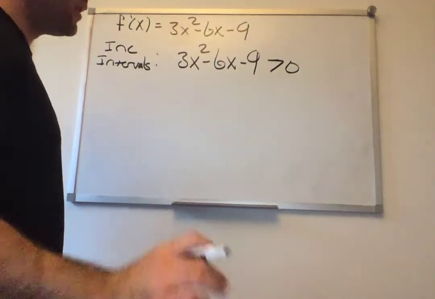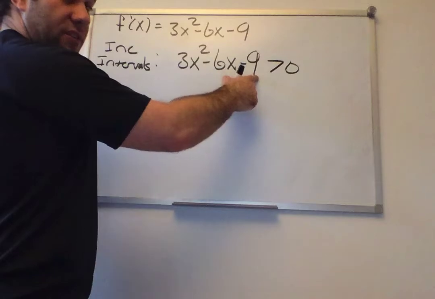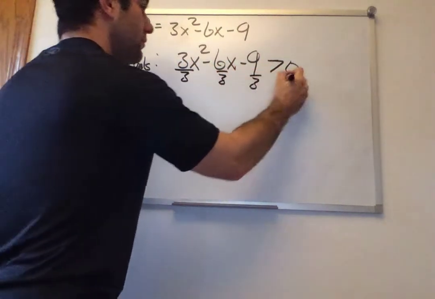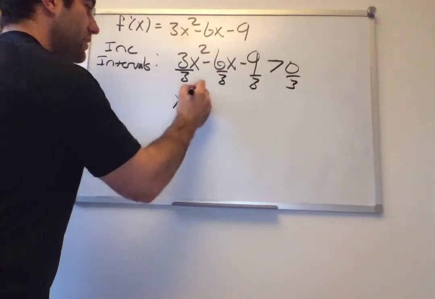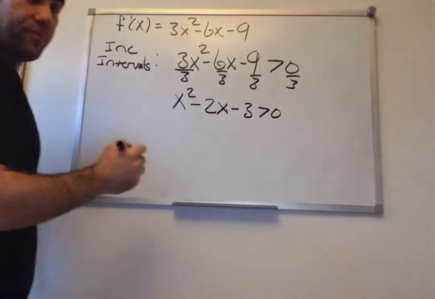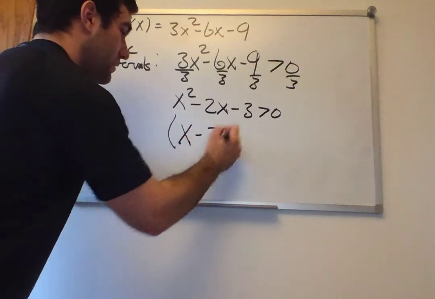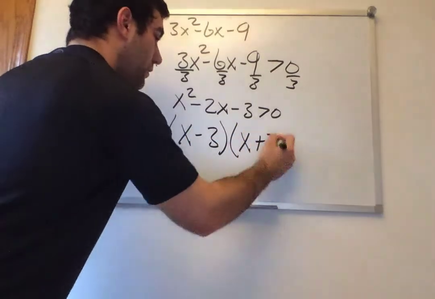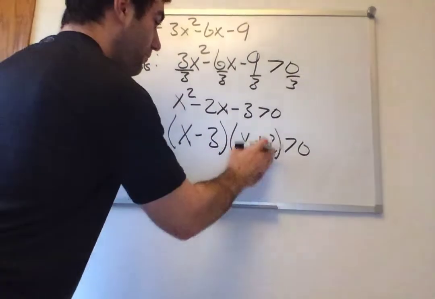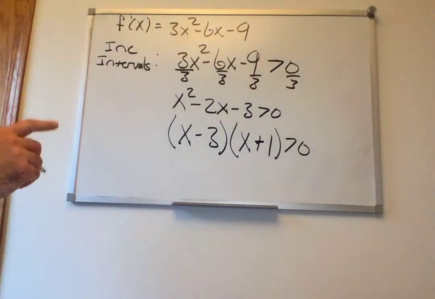Okay? So, this has a factor of 3, this has a factor of 3, this is 0. So I'm going to divide everything by 3. I get x squared minus 2x minus 3 is greater than 0. Now I'm going to factor this. X minus 3, x plus 1. Plus 1, not plus 2.